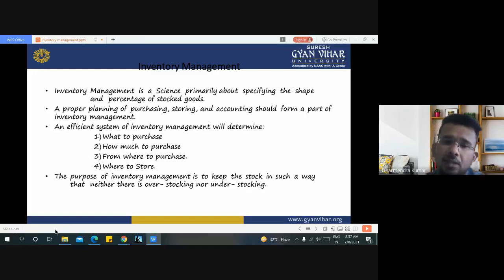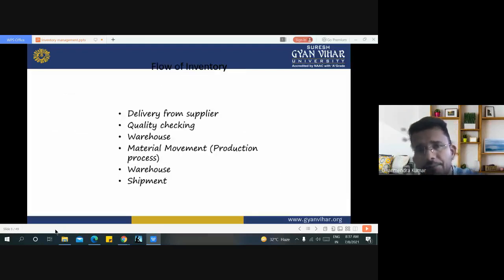And understocking always affects our production rate. If raw material is understocked, then our machine may be idle, and then our manpower may be idle.